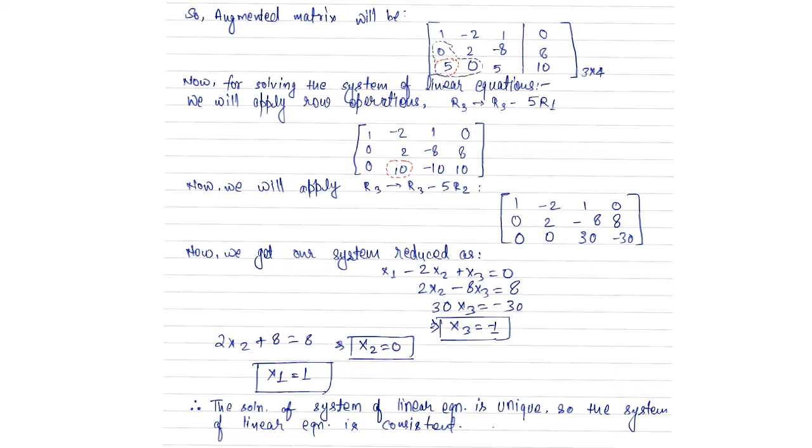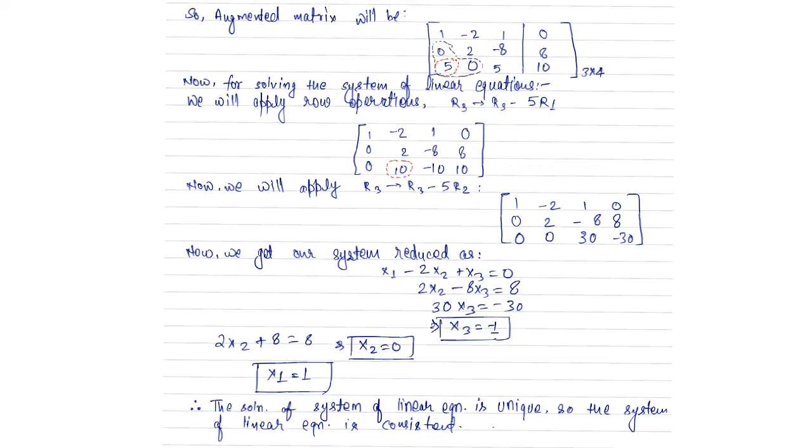Here is 0 already, here is 0 already, here is 5, and here is 0 already. To make this 5 zero, if we multiply the first row by 5 and subtract it from row 3, this 5 will become 0.